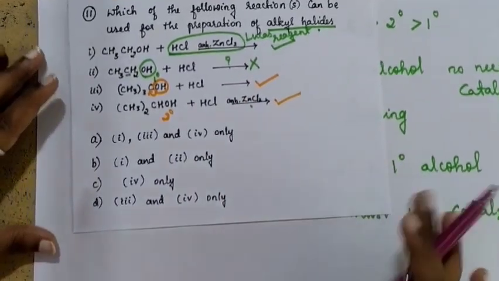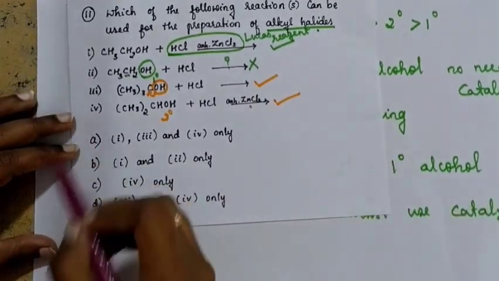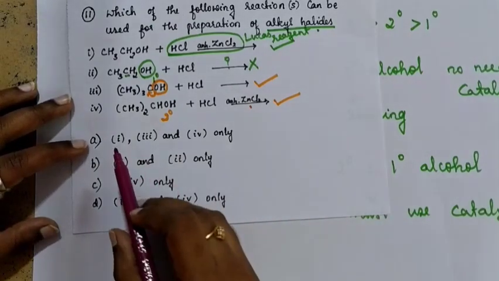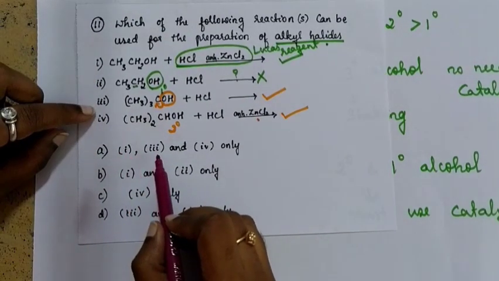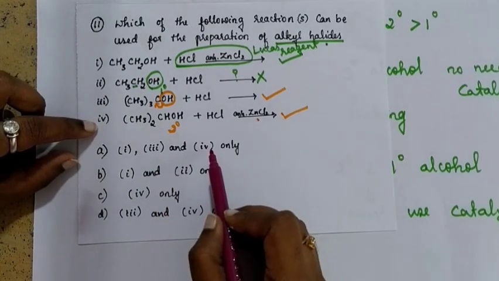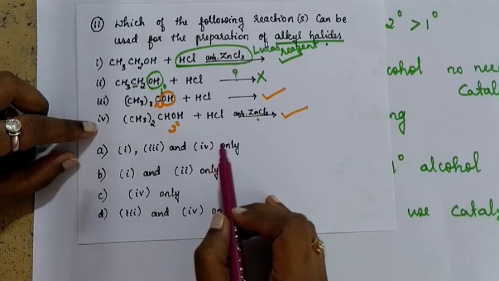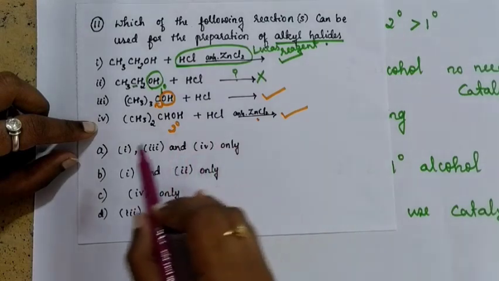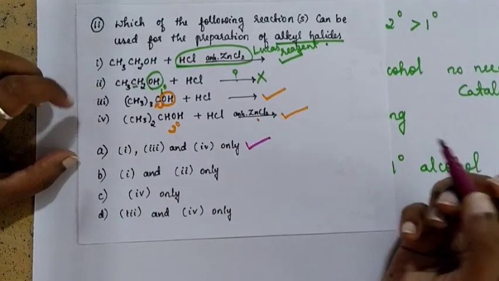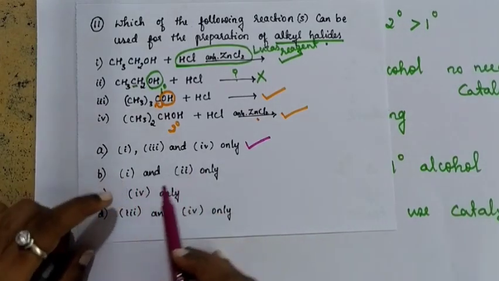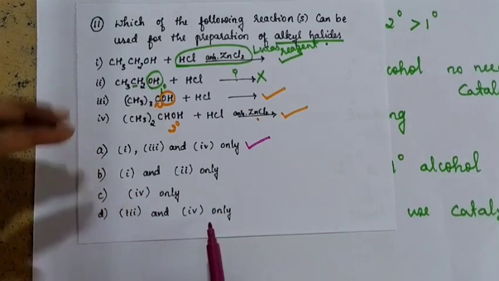So now in the given options, which option is correct? Option A is saying first reaction, third reaction and fourth reaction only. Yes, by using only these three reactions, you can prepare alkyl halide and not by the second one. So the first and second only, fourth only and third and fourth only are going to be wrong.